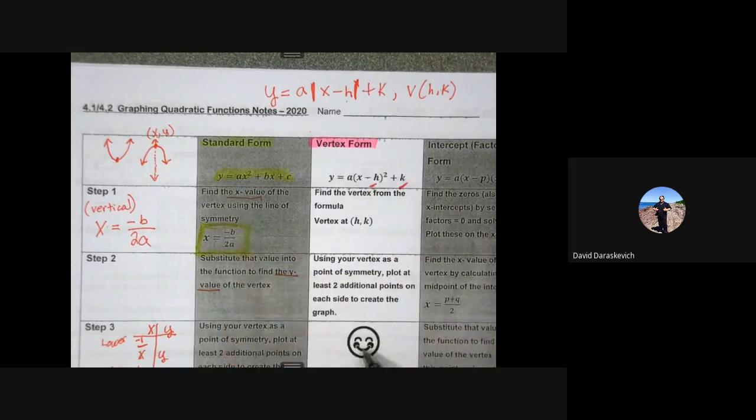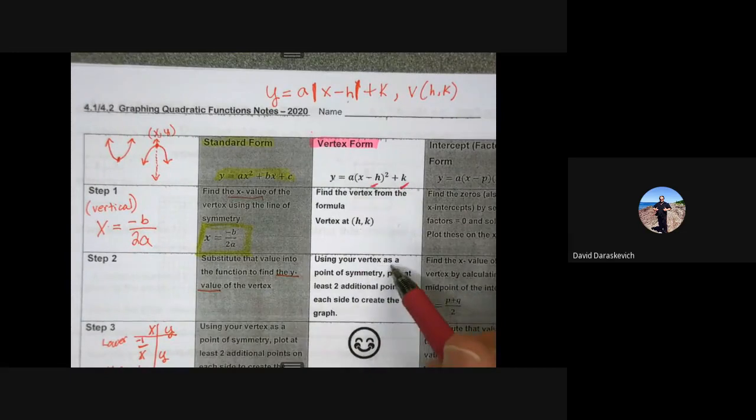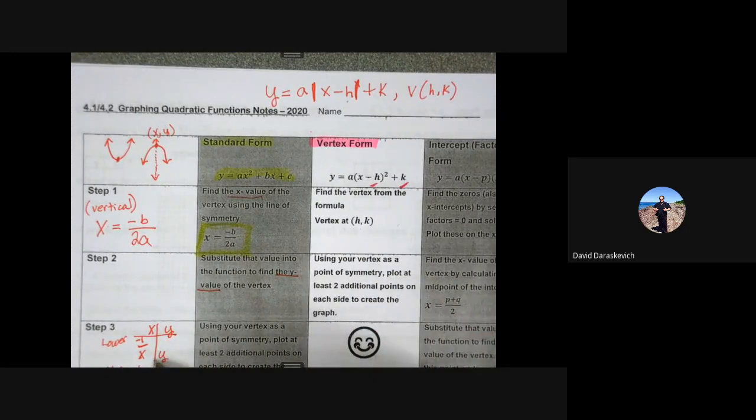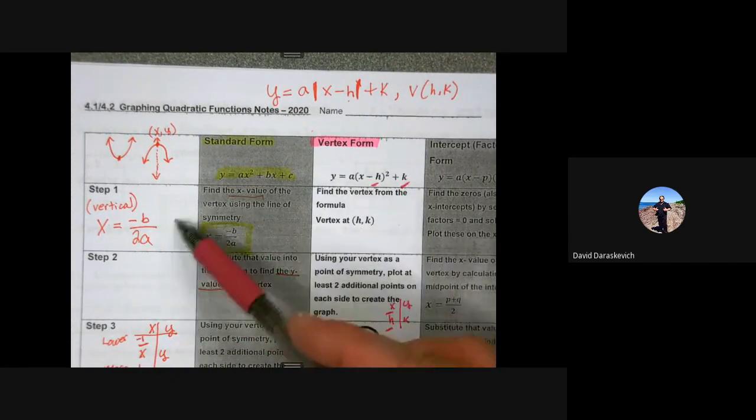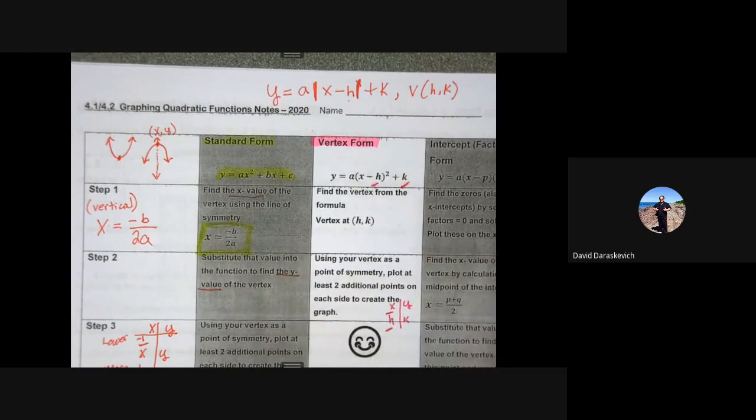In fact, that's why there's a smiley face here. So you're going to use a vertex as a point of symmetry, plot the 2 points. So what you did here, you're going to have to do here, your h, k, and get one less, one more, and then you got your 3 points to draw your parabola. You've actually skipped all of this algebra if it's in vertex form.